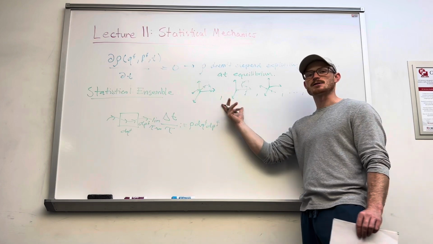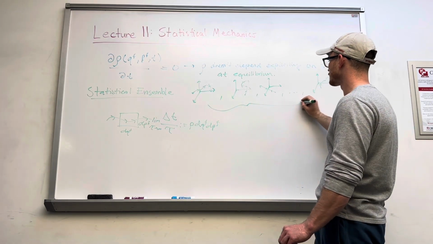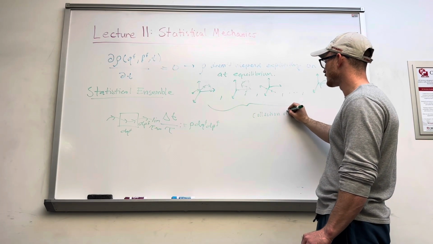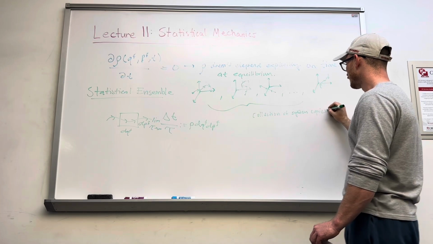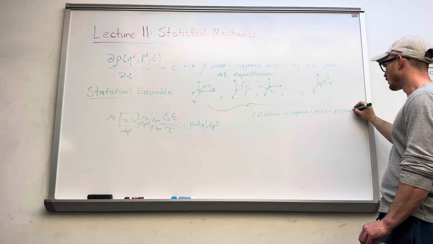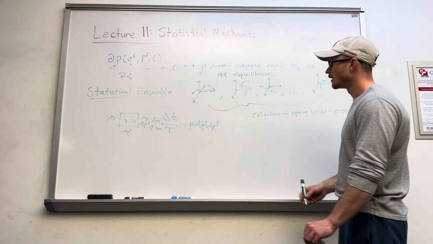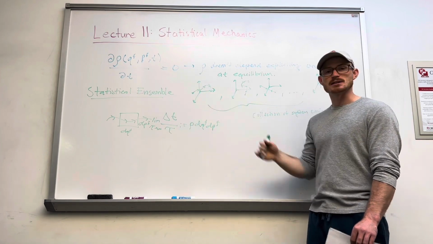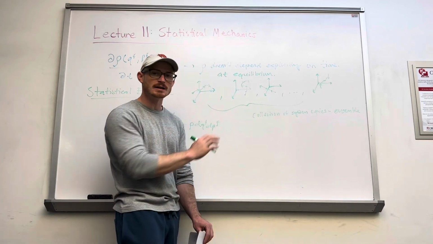This is an ensemble. So this collection of copies is an ensemble, a collection of system copies. So what are some requirements for the copies? Notice, even in the way I drew this, the state of the system, the trajectory of the system does not have to be the same. It does not have to be identical.